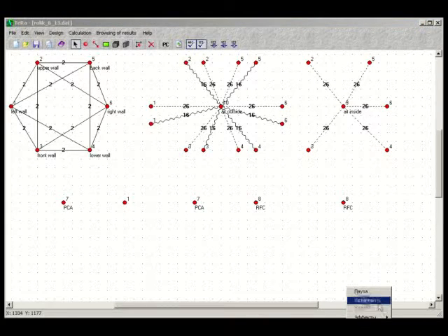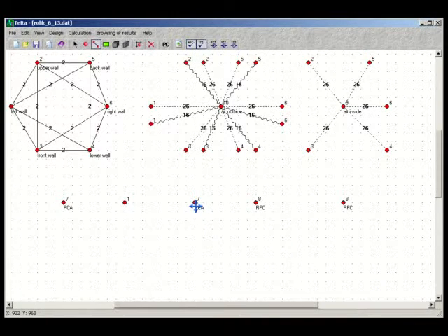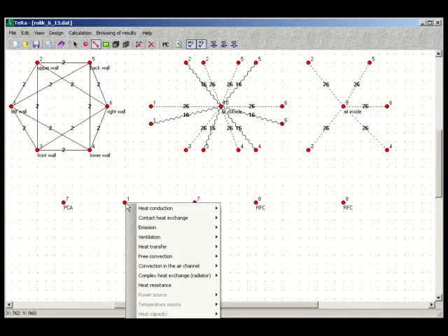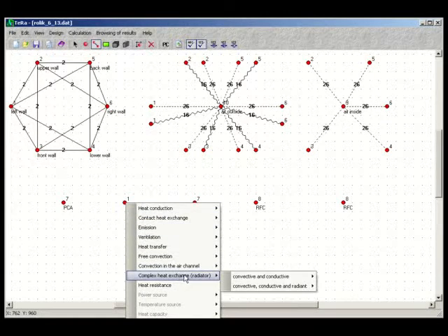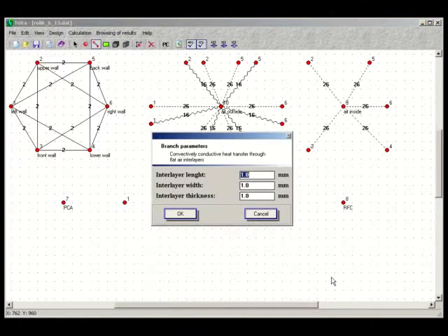The printed unit assembly, block 7, interacts by branch 7 to 1 through a flat air layer with the left side of the case. Parameter of the branch: layer length 300, layer width 200, and the layer thickness 5 mm.